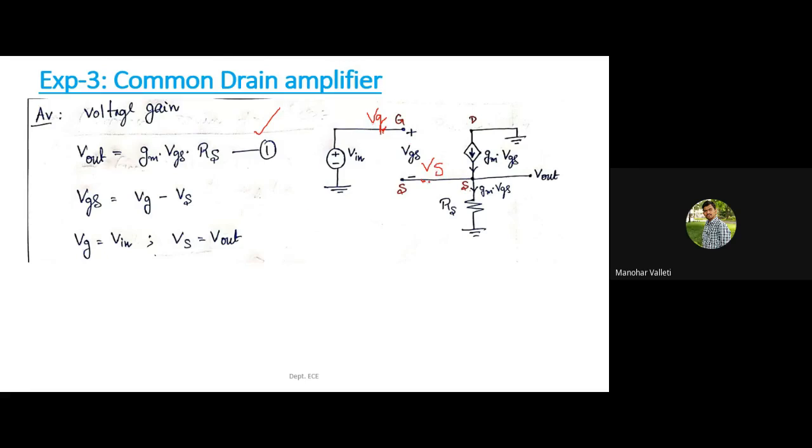So VGS equals VG minus VS. As you know, VG is equal to Vin, and VS is the voltage across RS, which is anyhow Vo. So VS equals Vo and VG equals Vin.